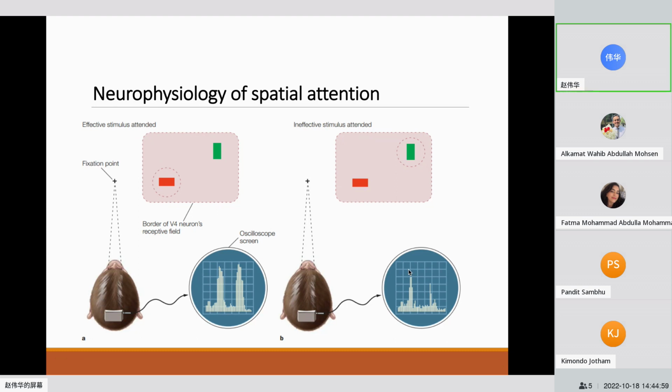In other words, when the trained monkey attended to the red bar, the preferred stimulus, the neuron gave a good or better response, whereas when attended to the green bar, not a preferred stimulus, a poor or worse response was generated. So we need to compare this circle and this circle.